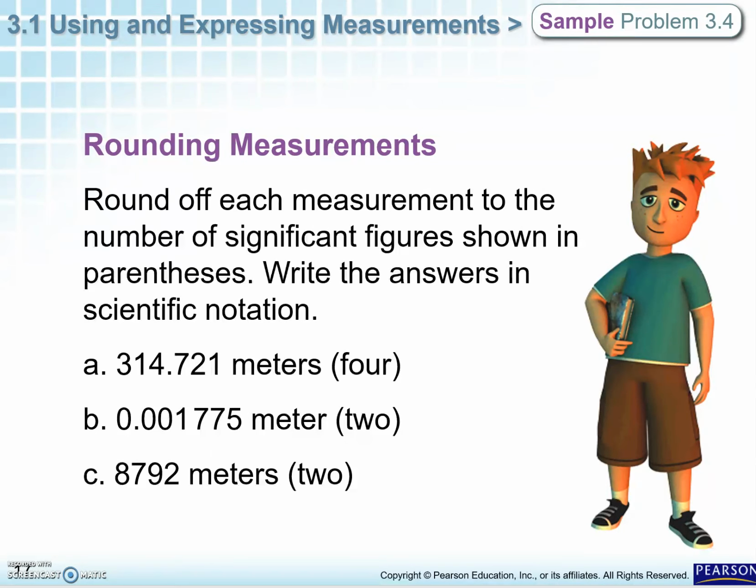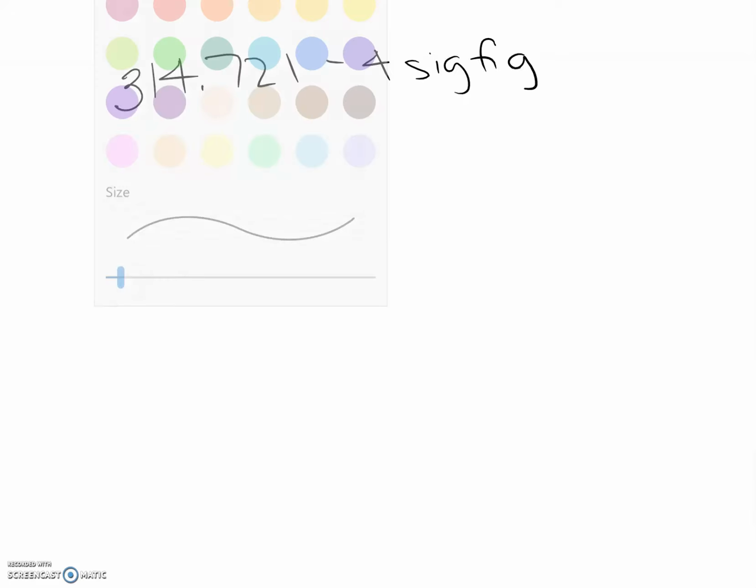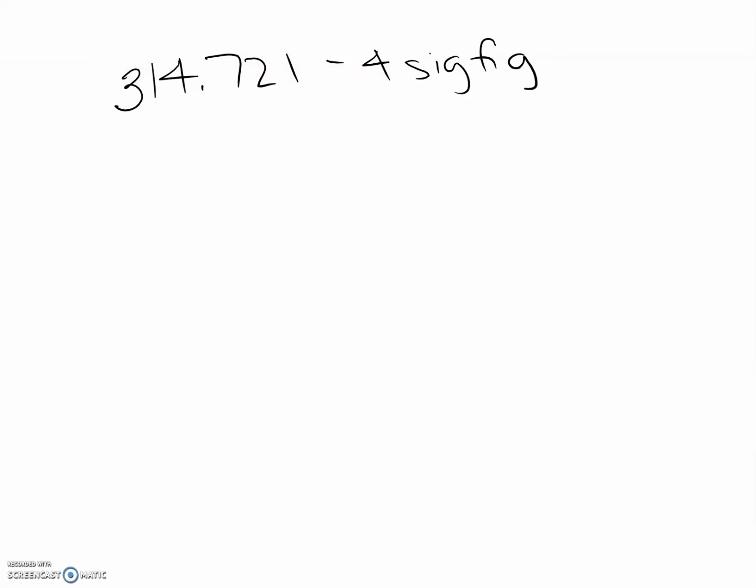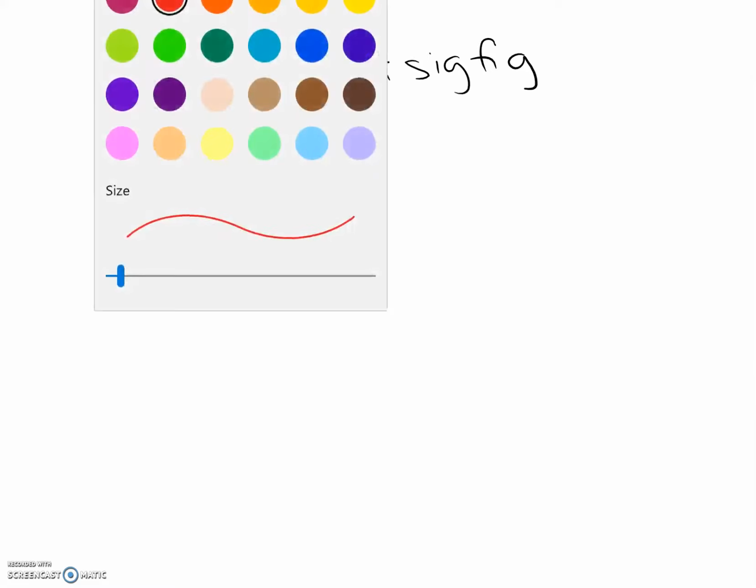So let's give this rounding a try. Okay, so we're going to start with the number 314.721. And we want to round this to only 4 significant figures. Right now, we have a total of 1, 2, 3, 4, 5, 6 significant figures. So we have to take the first 4 significant figures, so that would be shown right here after we numbered them.